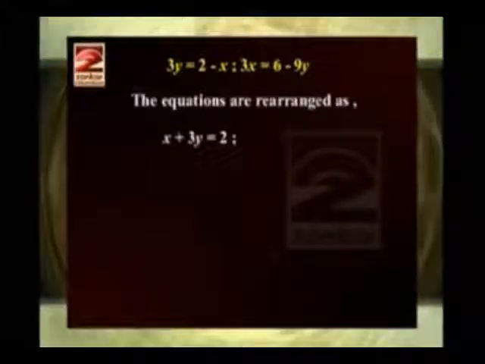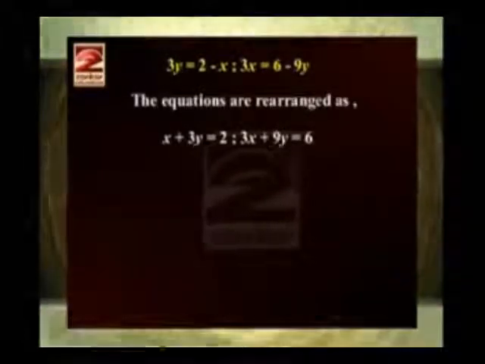Then the next equations, 3y is equal to 2 minus x and 3x is equal to 6 minus 9y. So the equations are rearranged as x plus 3y is equal to 2 and 3x plus 9y is equal to 6.